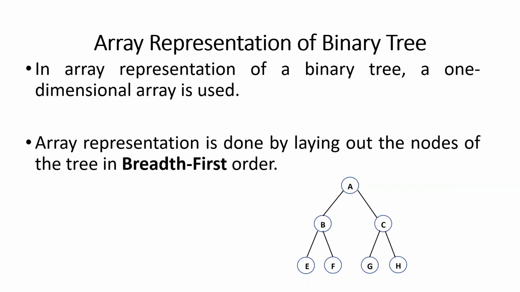Tell me, what is breadth first order? BFS, you remember, you studied, right? DFS and BFS traversal. If you take the BFS of this graph or this binary tree, in the same order, the elements will be represented in the one-dimensional array.